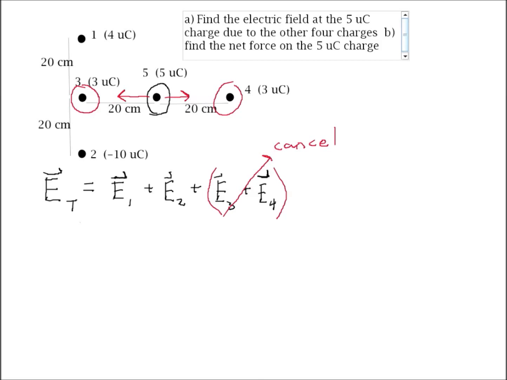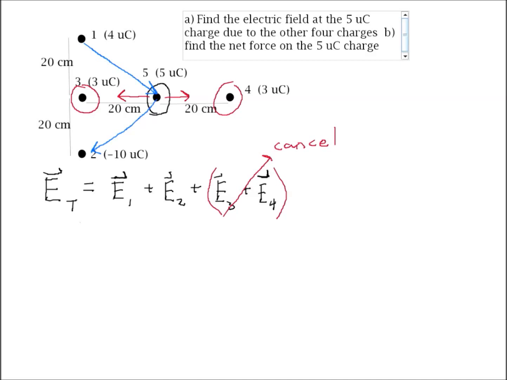Now, can we use symmetry with them? No, unfortunately not, for 2 reasons. One, they're not 180 degrees apart. The electric field due to charge number 1 is going to be this way, and charge number 2, since it's negative, its electric field will be that way.